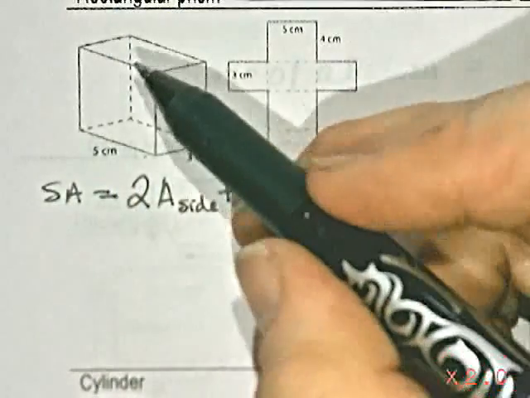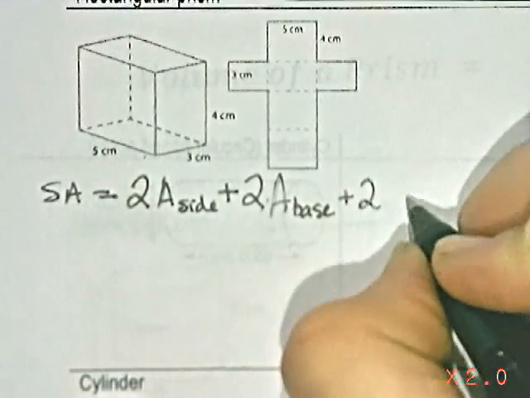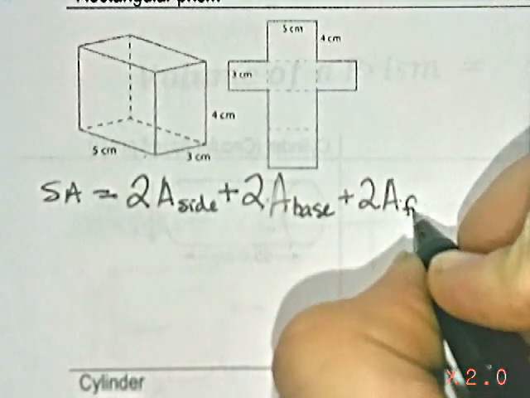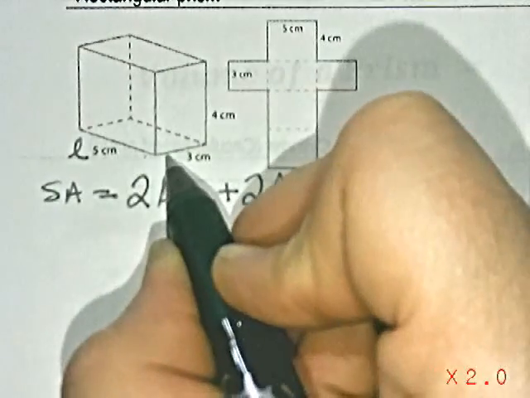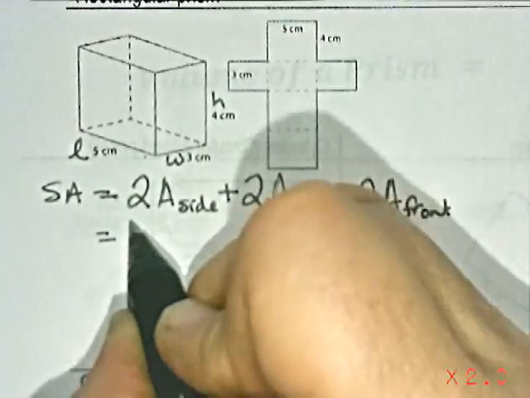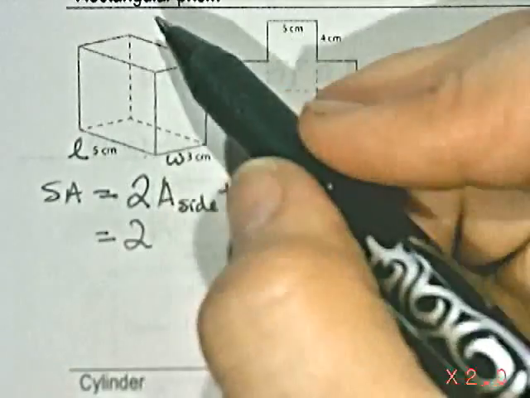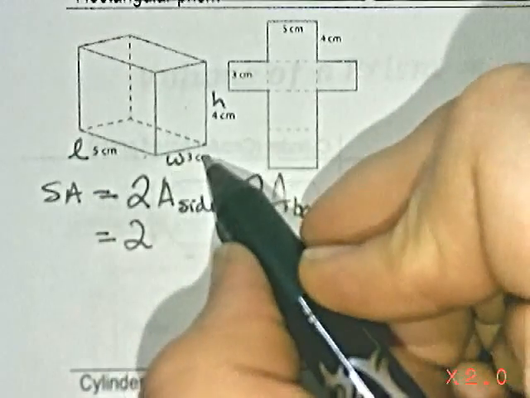And then we would need the front and back, so that's the same shape, so 2 times the area of the front. Now, if we know this as the length, and this as the width, and this as the height, our side would encompass our width and our height.